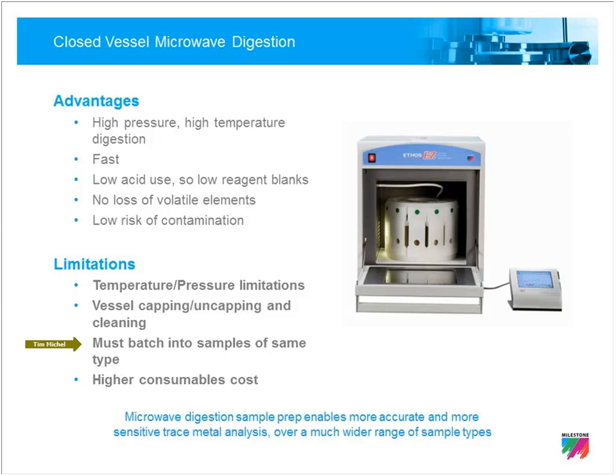Different samples go exothermic at different temperatures, etc. So although you might be able to monitor the temperature of all vessels, there's no way of ensuring that if you're running different sample types, each one of those are going to get to your desired temperature, and no way to truly do it safely. Finally, with traditional microwave systems, depending upon your throughput of the lab and the difficulty of your samples, a lab could experience fairly high consumables costs.